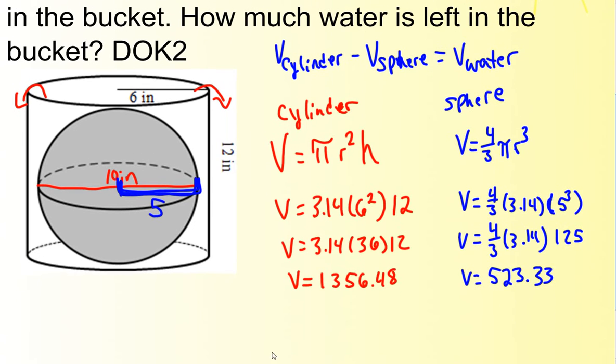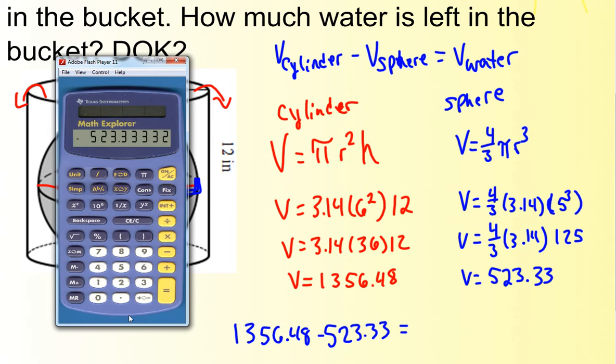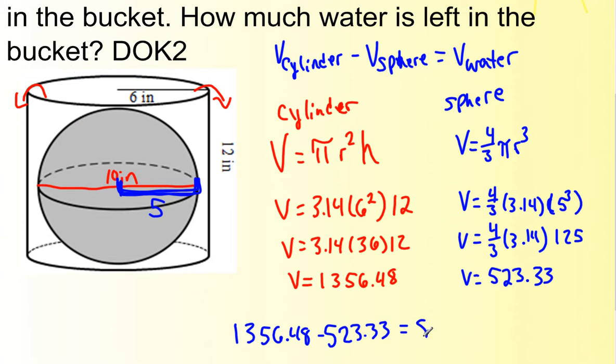So the amount of water left in the bucket would be the 1,356.48 minus the 523.33, giving us, let's see, 1,356.48 minus 523.33 is 833.15. And since we're talking about volume, it will be in inches cubed.